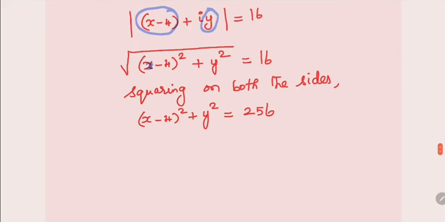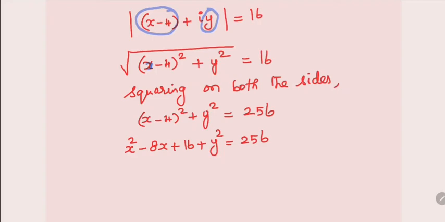So you have to expand this. It is in the form of a minus b the whole square, so first I have written a squared minus 2ab. So here you will have x squared minus 8x plus b squared, that is 16, plus already here you are having y squared, that is equal to 256.